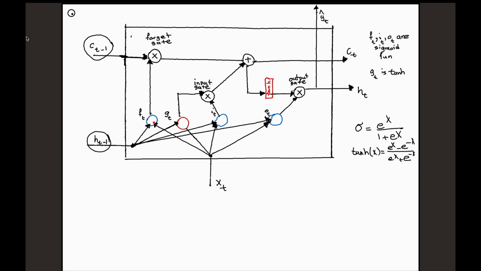These nodes that are colored blue, like F, I, and O, which have sigmoid activation functions, are giving us a multiplier between 0 and 1. Sigmoid, to remind you, is a number between 0 and 1.